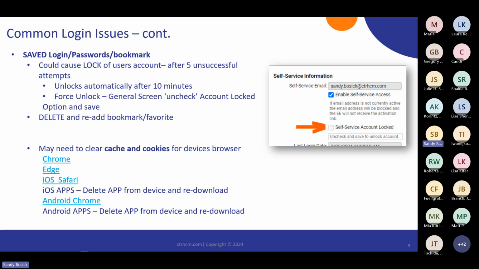So a couple questions in the chat that Jamie provided. So the cohere CTR per the slides is the incorrect website. The cohere.ctrhcm.com/cloud service is the correct website, was giving our employees issues.